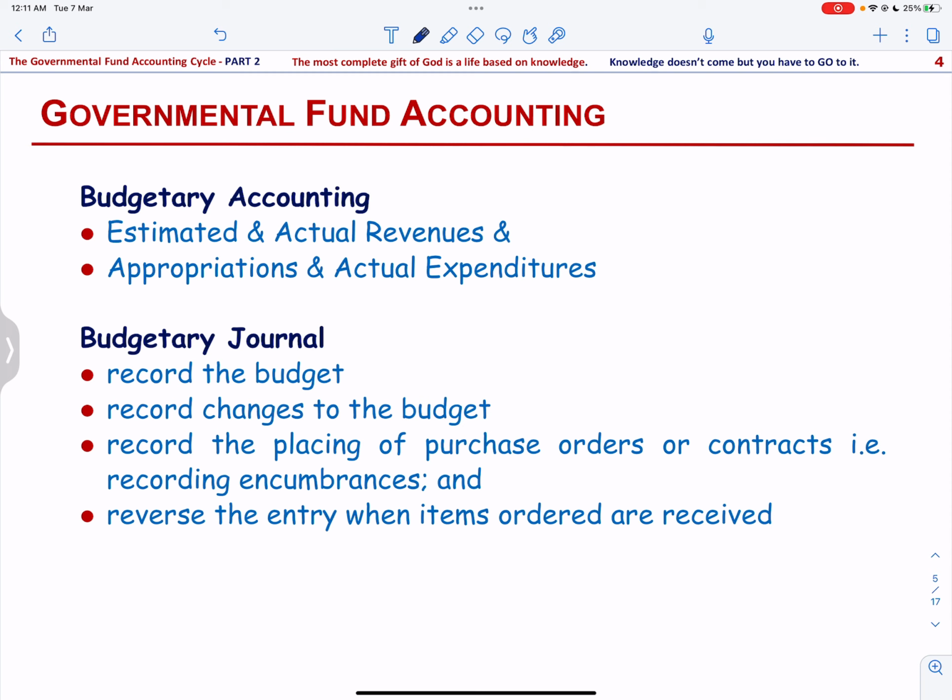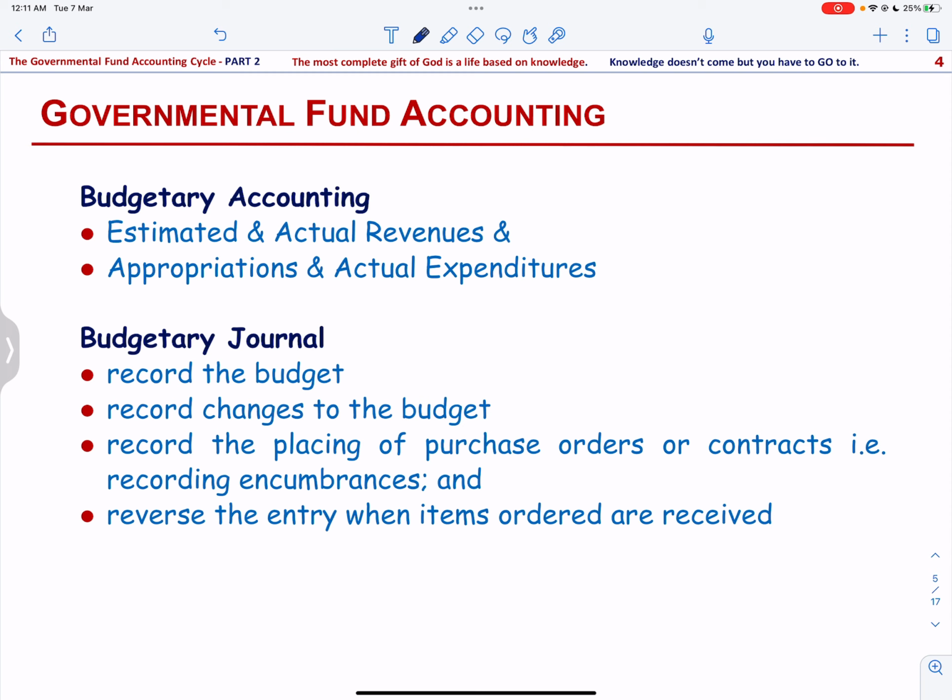At the same time, expenditures are made against the various appropriation accounts to ensure that sufficient balances are available for additional spending. Budgetary accounting records estimated revenues and appropriations to establish the reference points for budgetary controls.